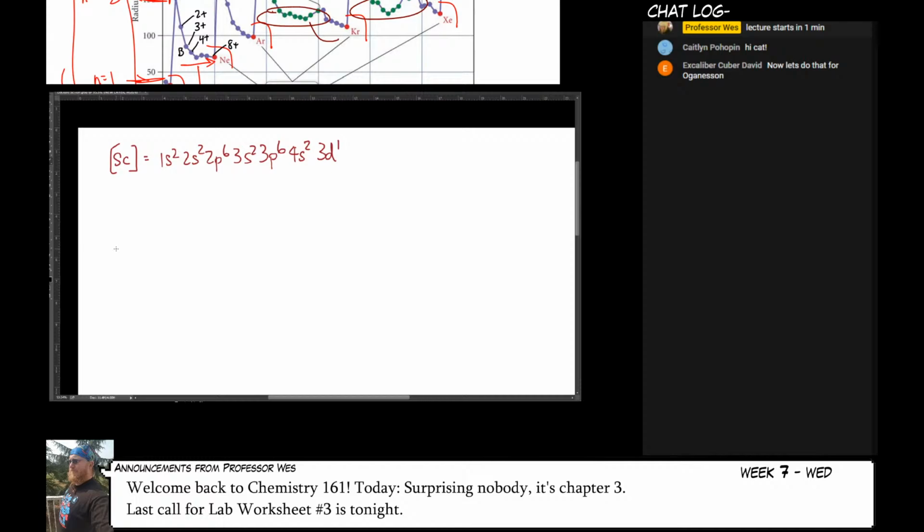And if I write the electron configuration for titanium, I get that.